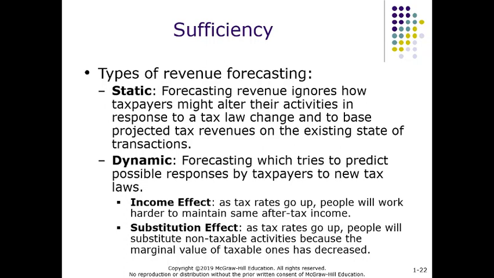The better way should have been using dynamic forecasting, which tries to predict possible responses by taxpayers to these new taxes. A couple of things to consider is the income effect, meaning as the tax rates go up, people will work harder to maintain the same after-tax income.